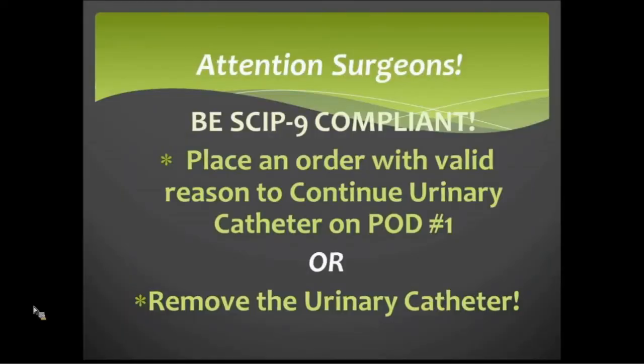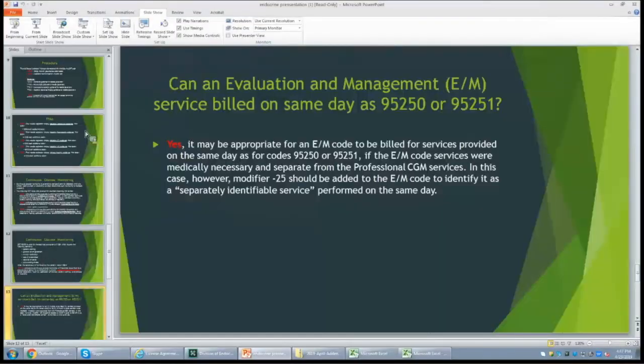This is totally separate from the glucose monitoring, but it shows that you can have an office visit and a procedure, or you can see the patient for glucose monitoring, the patient complains of something else, and you address it. You're able to bill both, as long as there's documentation to support both.